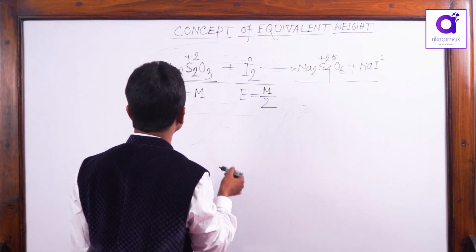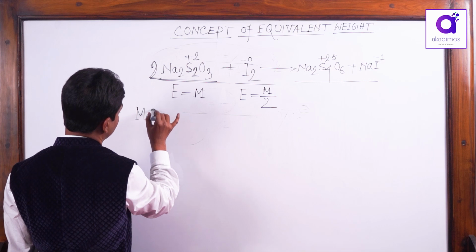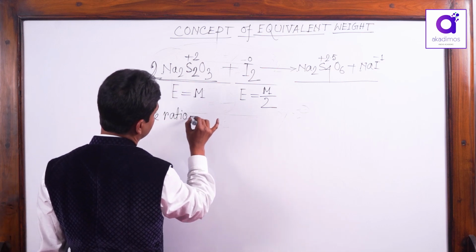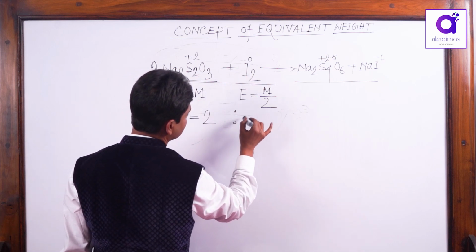And if you balance, here the mole ratio is 2:1, that you get from the balanced equation.